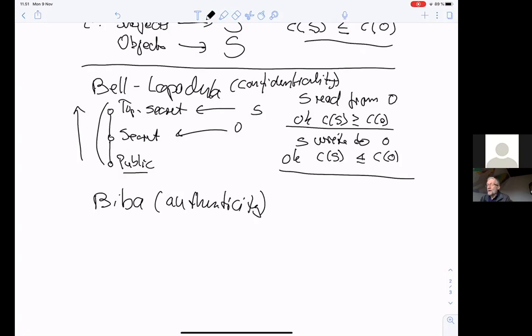So if you are worried about your data system being authentic, how should information flow? So the idea would be that he also talked about some levels directly on top of each other. But this time, the idea is that what is on top is the most reliable information.